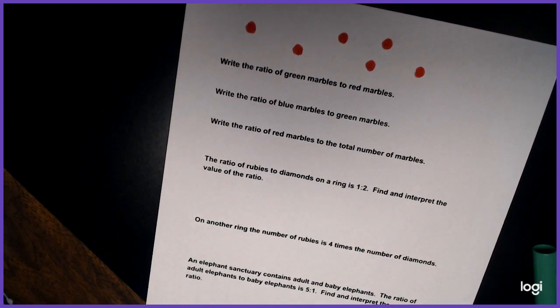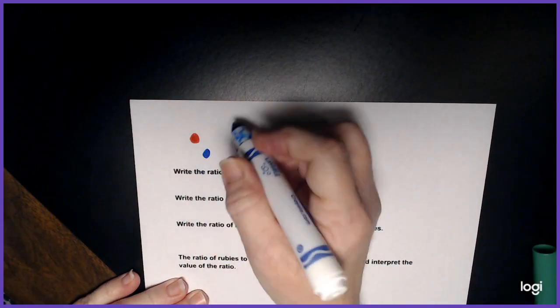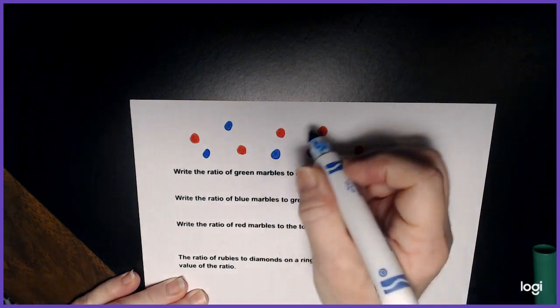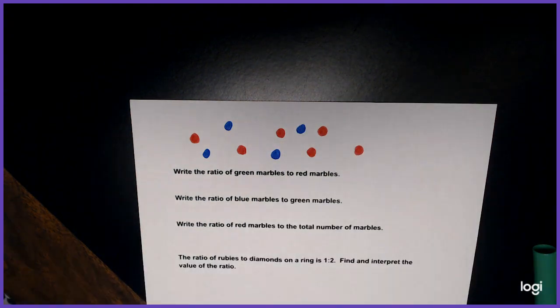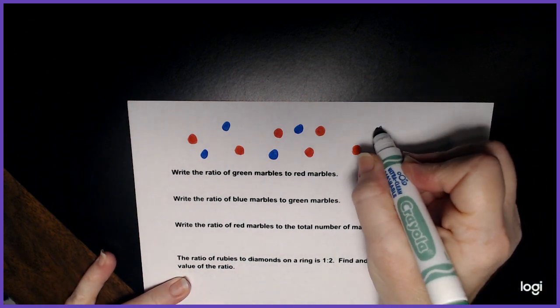All right. The next thing I would like for us to do is use the blue. Let's make 4 blue. And last but not least, our green. We're going to make 7 green.